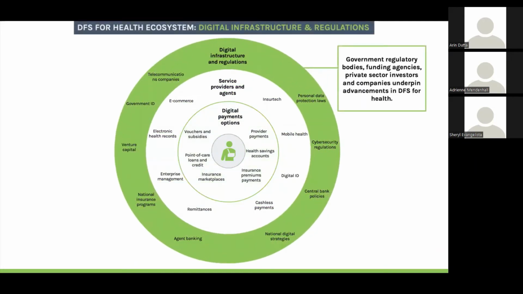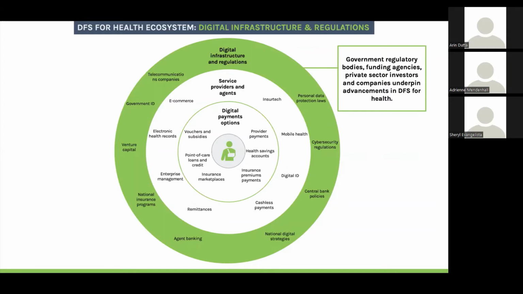And last, but certainly not least, is the digital infrastructure and the regulations that sit behind all digital financial services for health models. So in order for these models to be created and to scale and to have that adoption and buy-in, especially from patients, you need very strong personal data protection laws and cybersecurity laws.